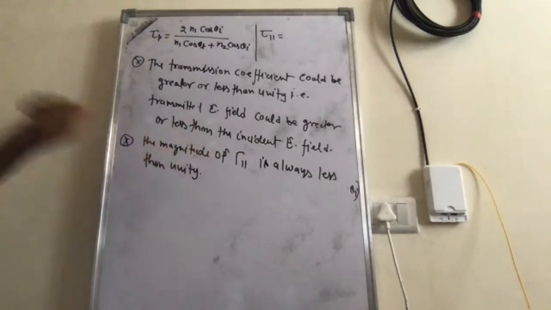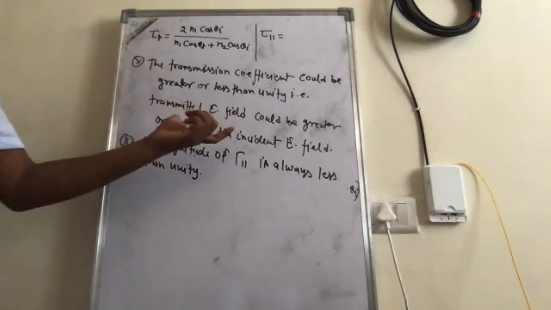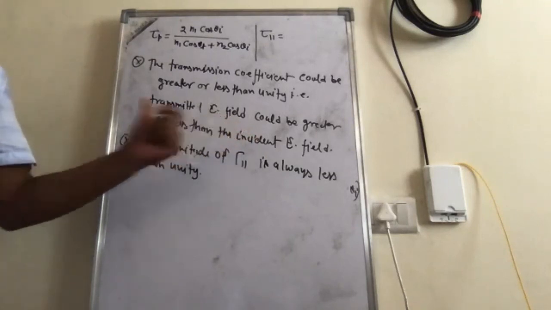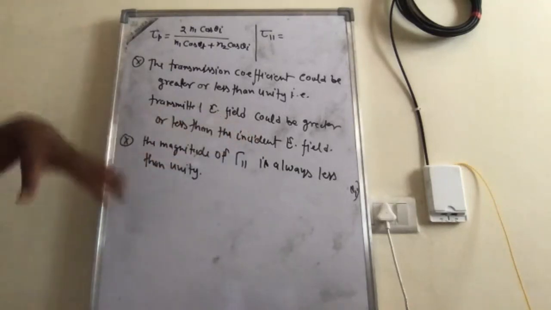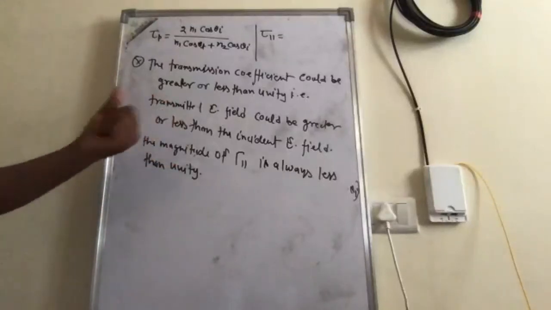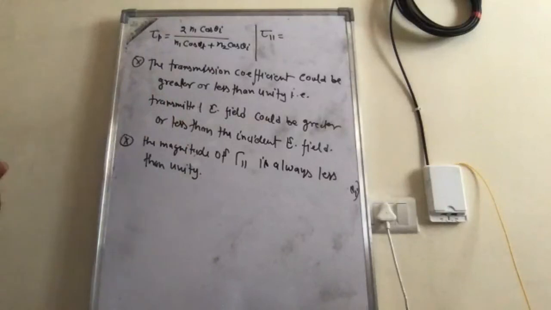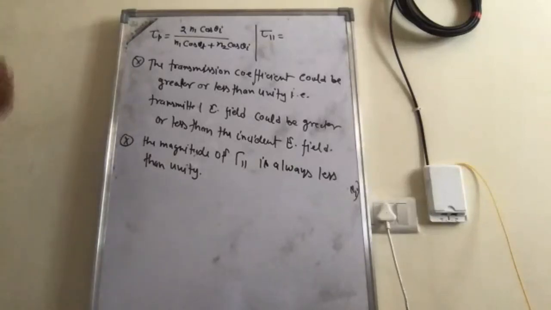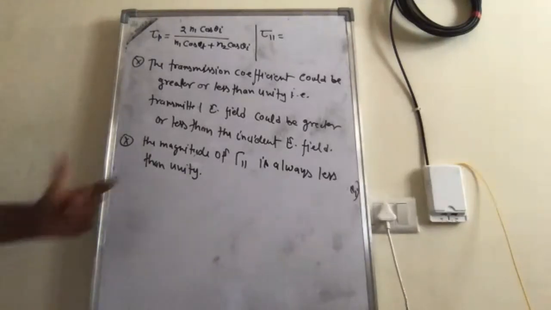Because if the transmitted electric field is greater than the incident electric field, at the same time the magnetic field will be lesser to maintain the equilibrium condition, or the conservation of energy or power. So reflectance and transmittance always sum to 1, but not in the case of the coefficients.